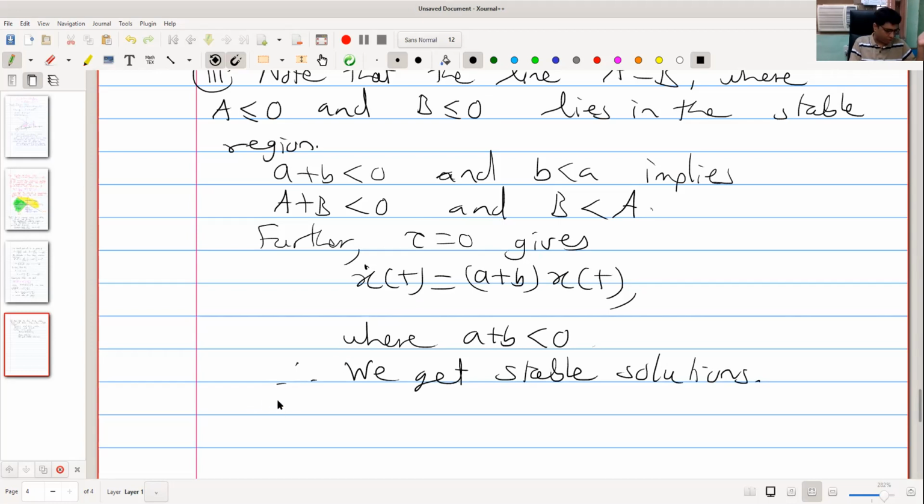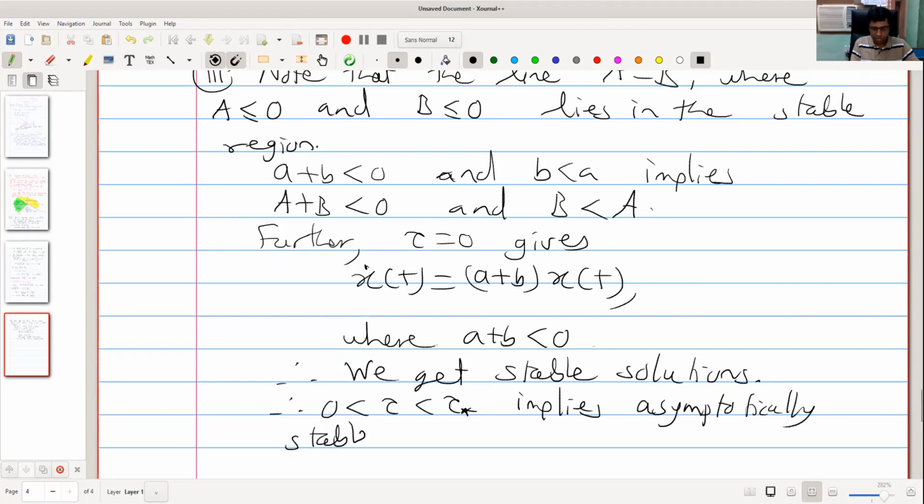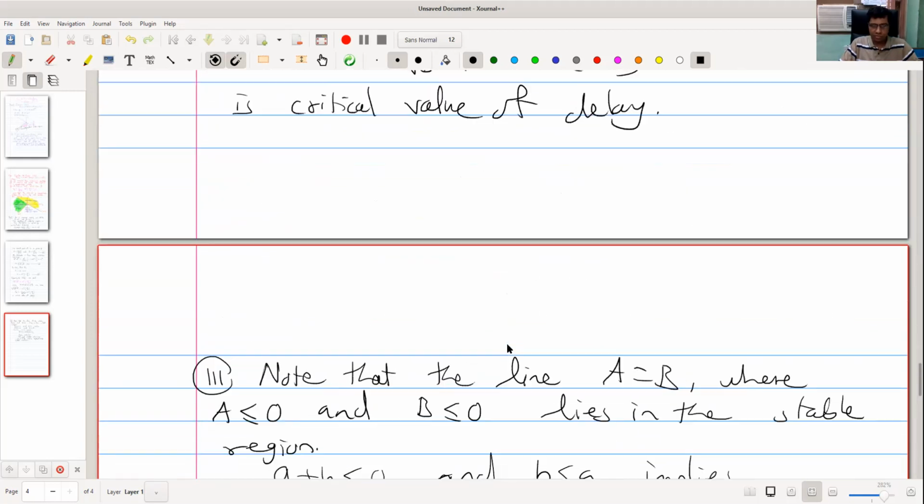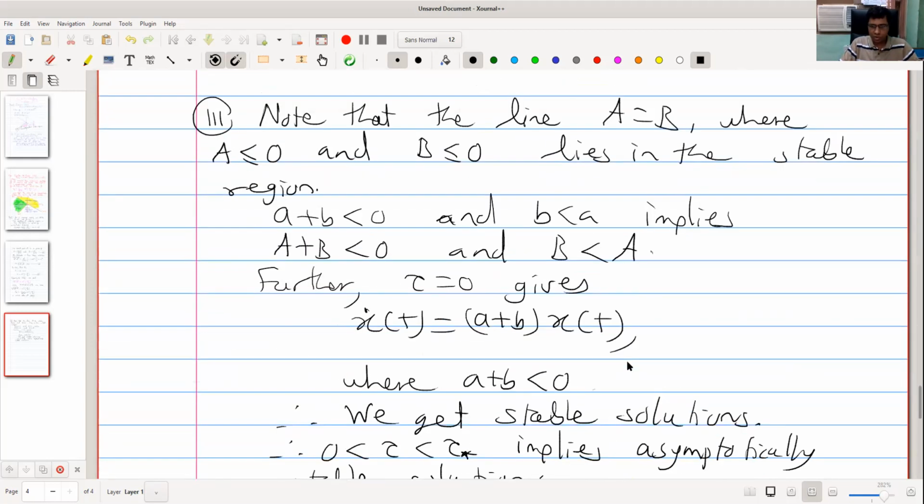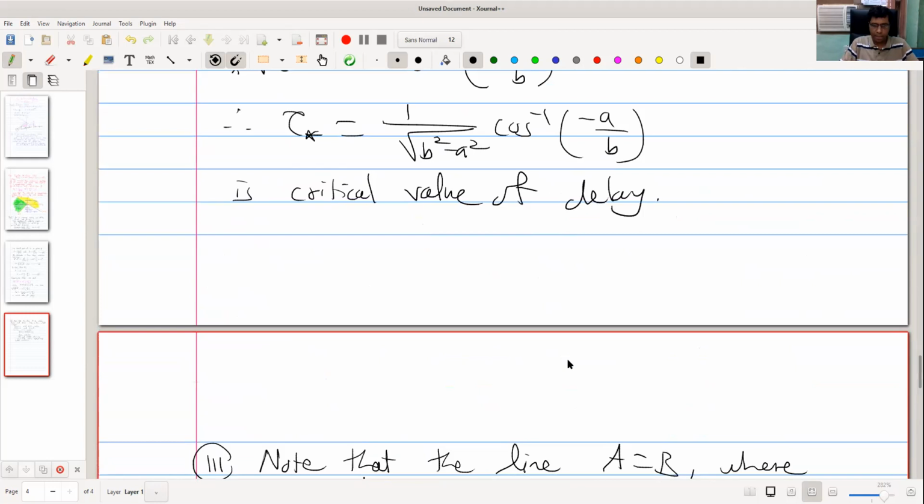So therefore 0 less than tau star implies stable solutions, or we can say asymptotically stable solutions. This is what we wish to do. So if we have these things, then we have this tau star such that 0 less than tau star implies asymptotically stable.